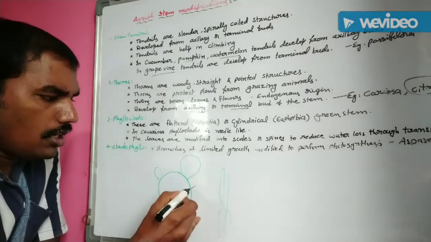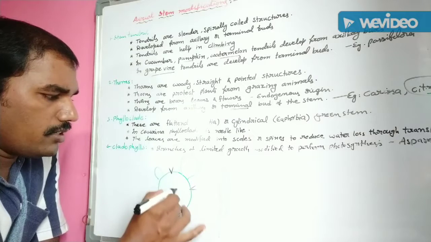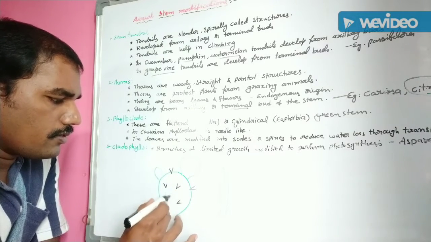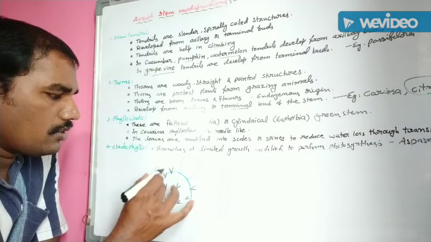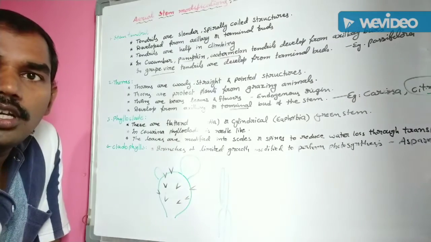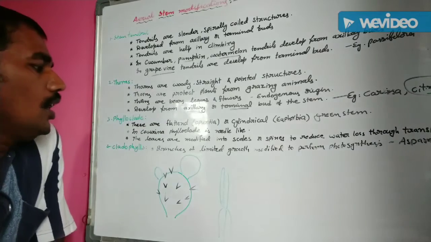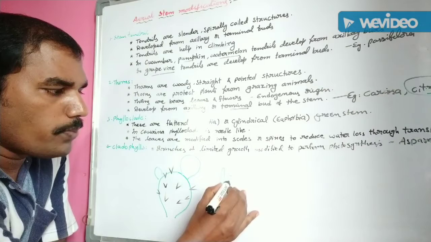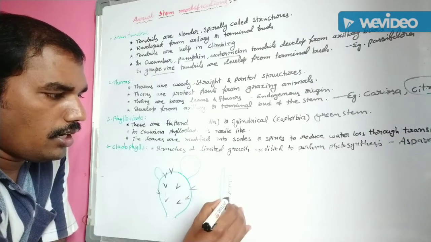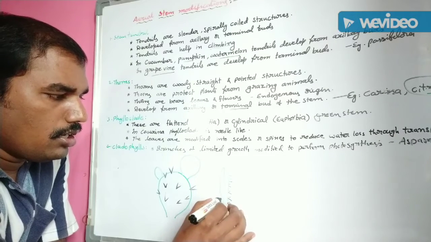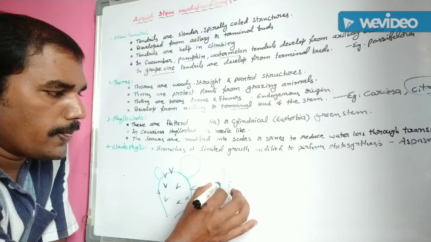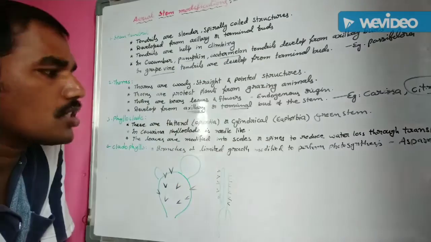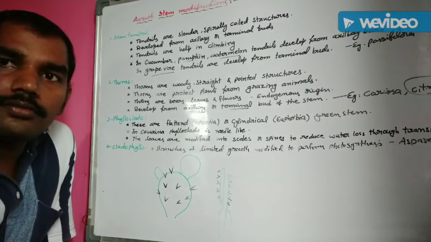The leaves are modified into spines. In this Euphorbia, leaves are also modified into spines at the marginal structure of the Euphorbia. Understand?